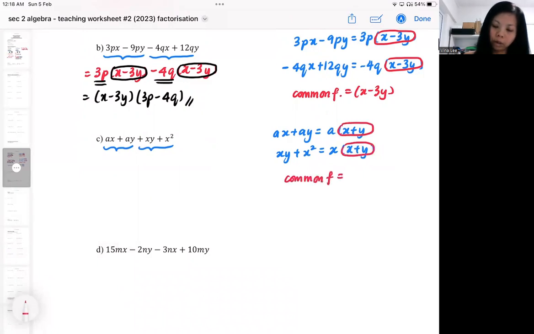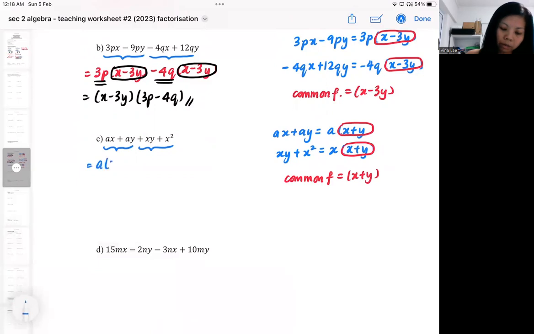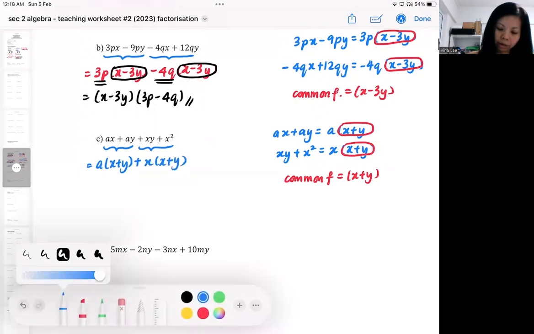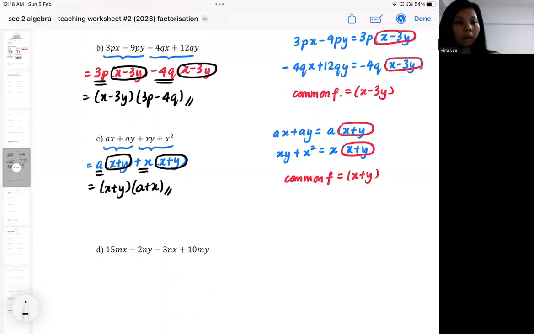So the grouping works. So take out the common factor. The bracket is your common factor. So take the bracket, you are left with a plus x.